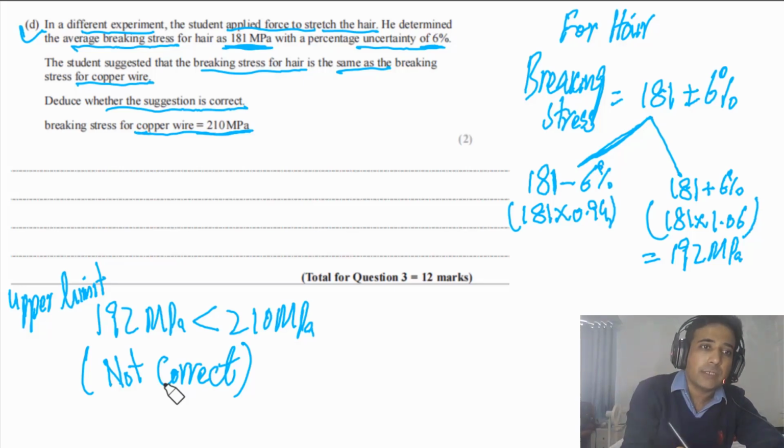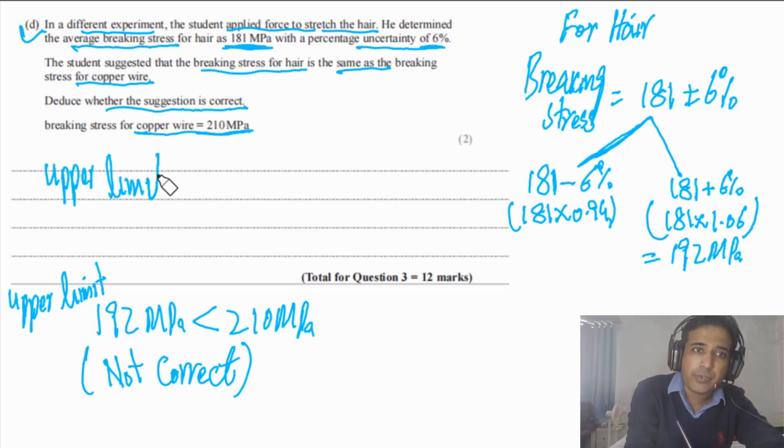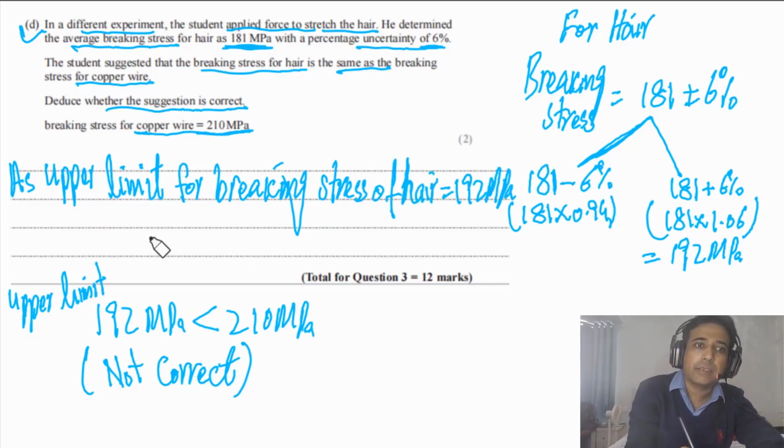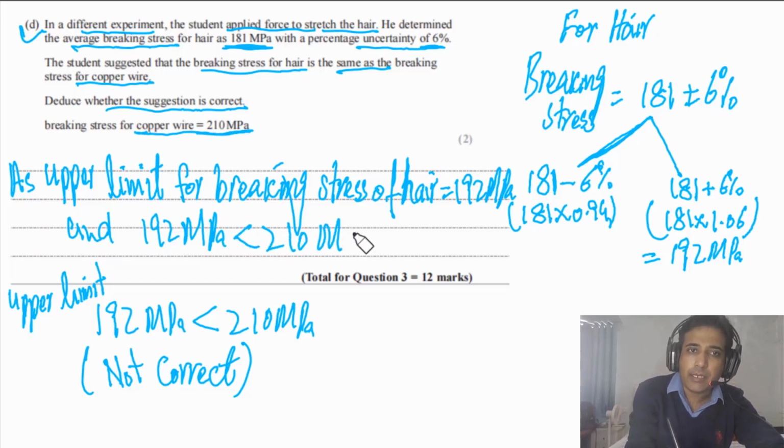In the answer, for example, let me explain a little how you can write it down. You can say the upper limit for breaking stress of hair is equal to 192 megapascals, and 192 megapascals is lower than 210 megapascals, so the suggestion is not correct.